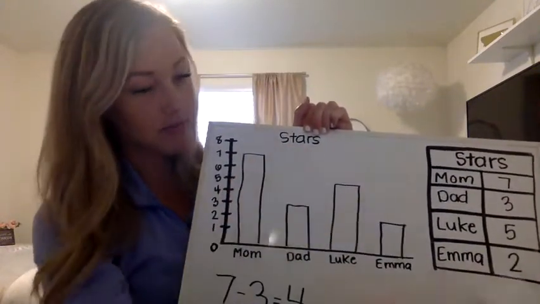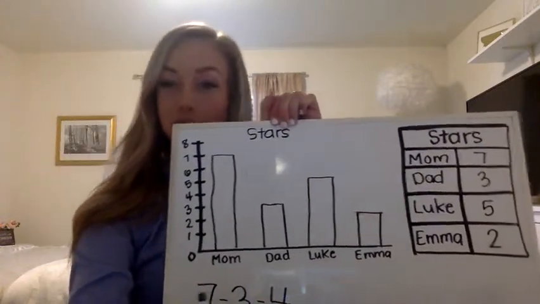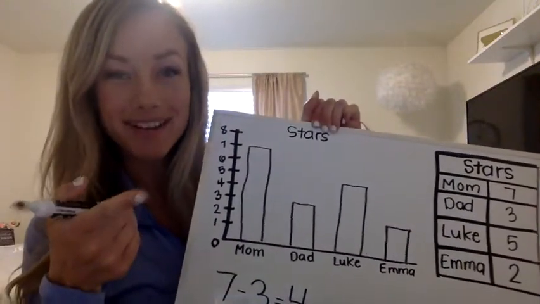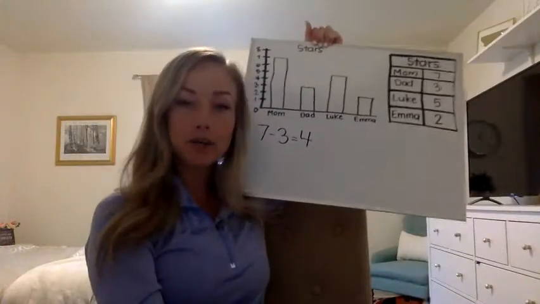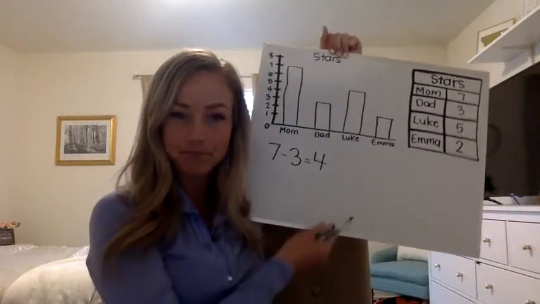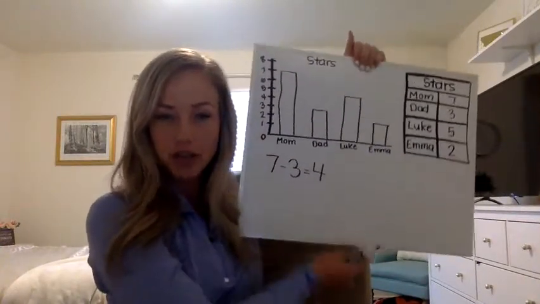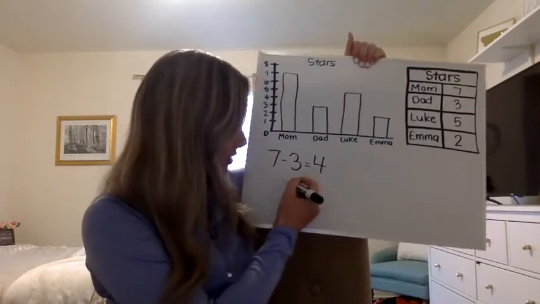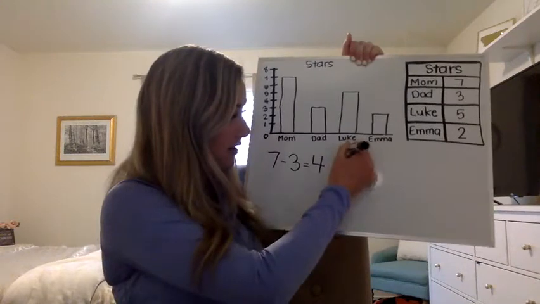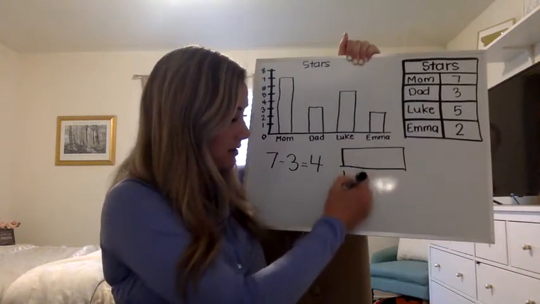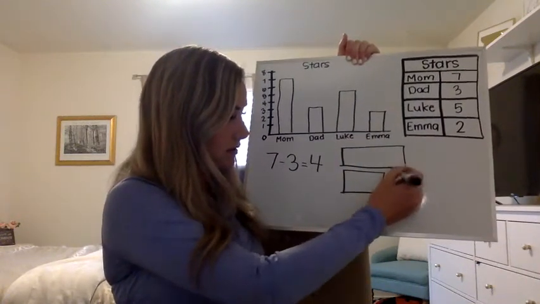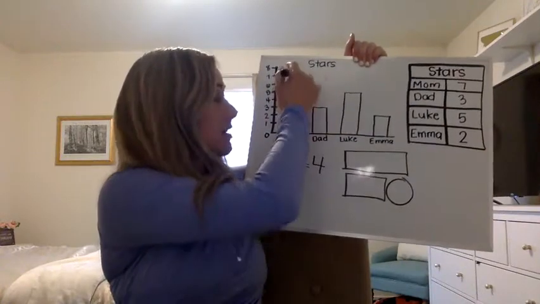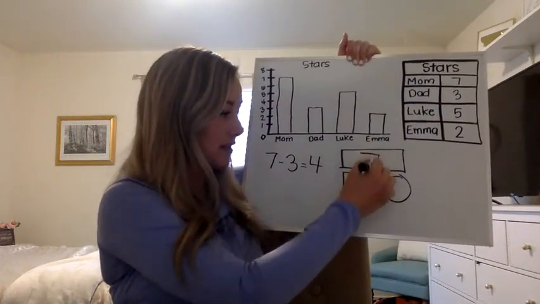It's also a comparison problem, which means you could draw comparison bars. So if we're comparing Mom and Dad, just by looking at the graph, we know who saw the most, right? Mom saw the most, because look at hers, okay? So Mom gets to go on top of our comparison bars. And if Mom saw 7, that means the 7 goes up here.